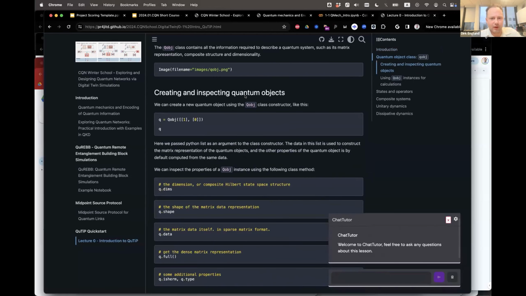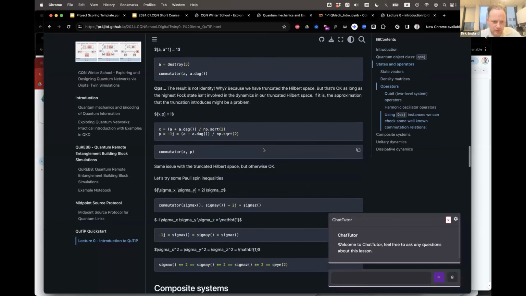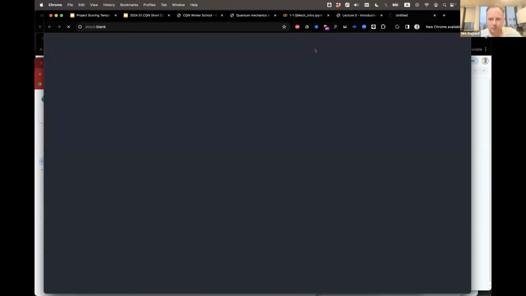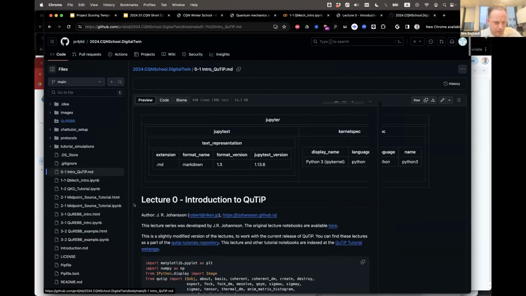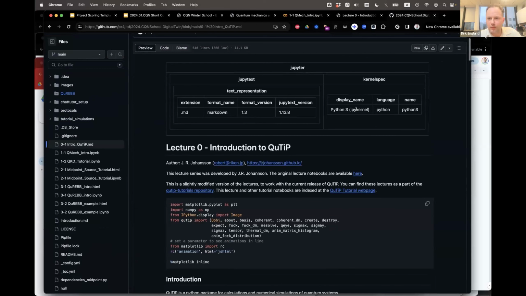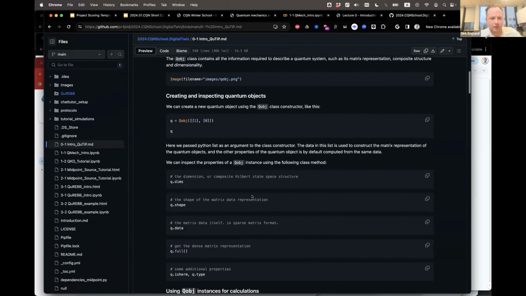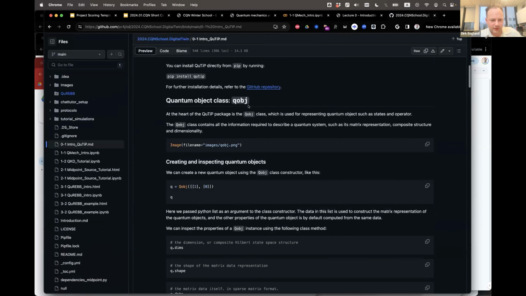So I'm going to open this up here. Okay, so here you have your code. This is what you should be able to see on your side, and you can check yourself through some of these steps.